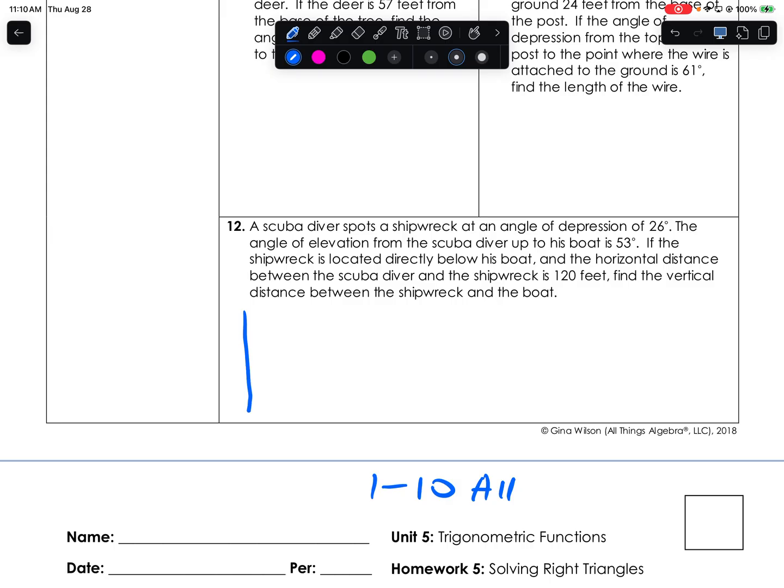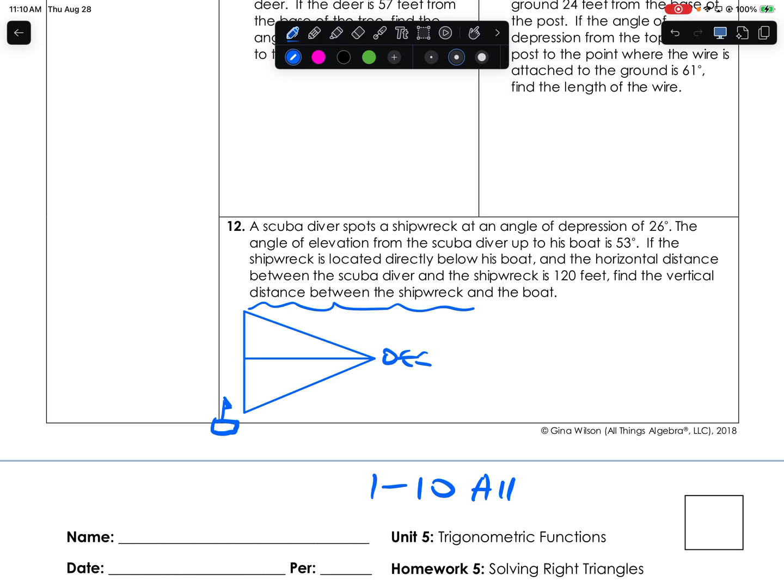Okay. So we've got the water, right? The water's up here, right? So it's below the water, right? And they give us this distance, and that distance. So you're the scuba diver, you're underwater here, right? And you're looking down at a shipwreck, right?